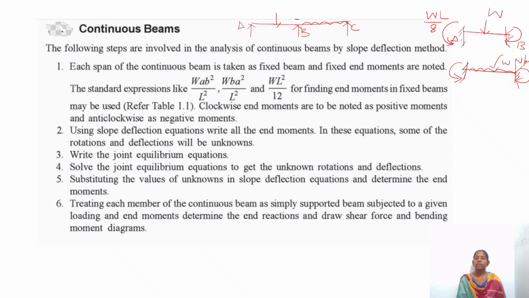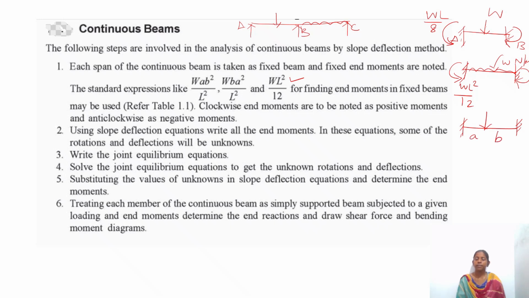So this is the sign convention, or the direction of the fixed end moment. You should clearly note down this moment. For a UDL over the span, the fixed end moment is WL square by 12. The first two values are for beams with varying distances.